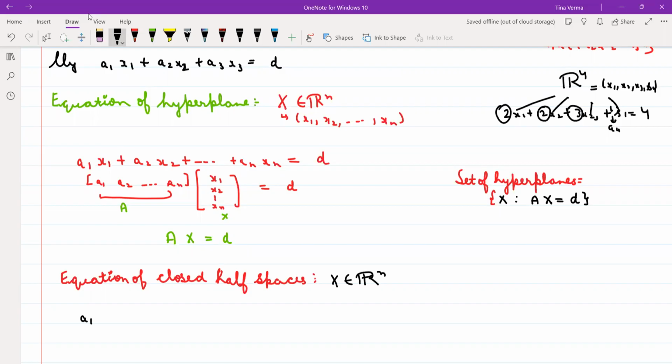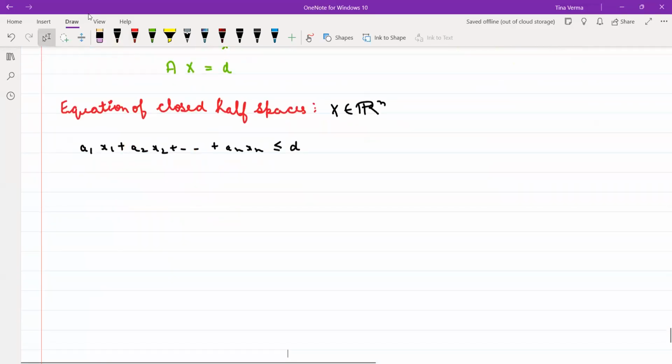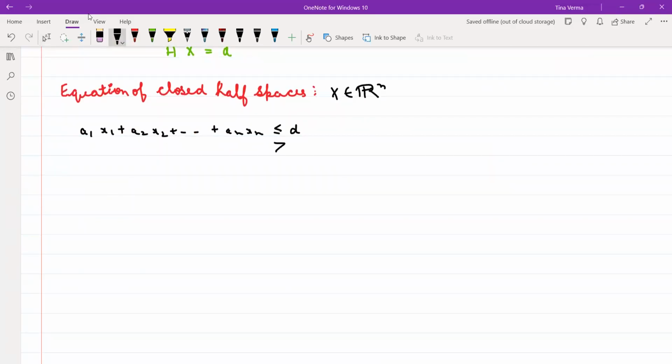It can be anything: A1 x1 plus A2 x2 up to An xn less than or equal to D. Then you say that this is the equation of a closed half space, or you can also say greater than or equal to D. It can be any combination. So for the equation of closed half spaces, I can write either Ax less than or equal to D or Ax greater than or equal to D.